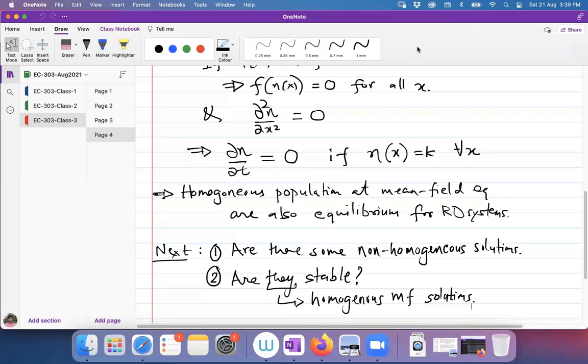Okay. I wanted to ask, so these non-homogeneous solutions, would there be something like what Turing described? Exactly, yeah. In such situations where you have a large space which is made into grids, however small the delta x is, is it possible for there to be local pockets of equilibrium and the rest of them being not in equilibrium?